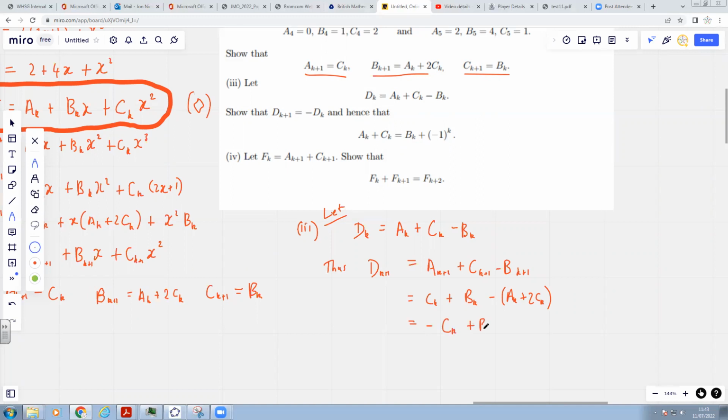We've got a plus bk and then a minus ak. And notice that that is the negative of dk, because it's all that with the signs changed. So I'm using part 2 here. Maybe we should tell the examiner that's what we're doing, using the result in part 2. Okay, and hence that this is true.